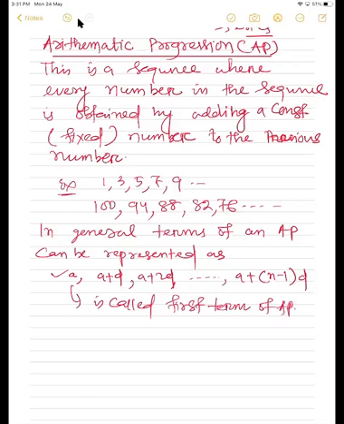And what is d called? What is d? Common difference. d is called the common difference of the AP.